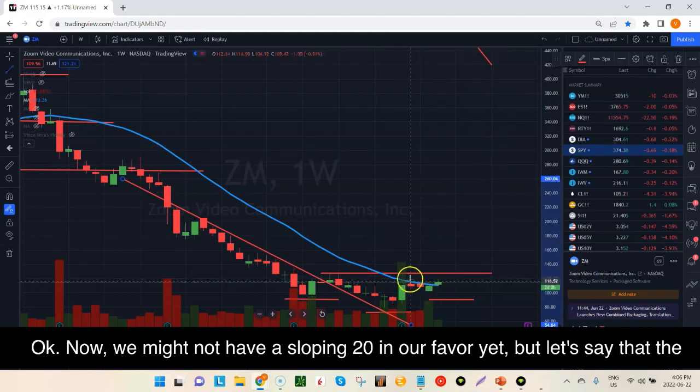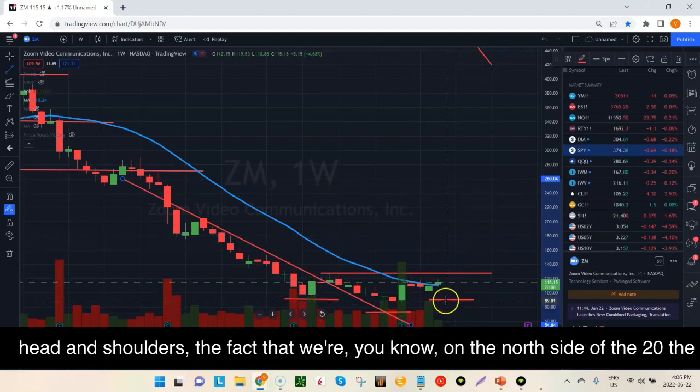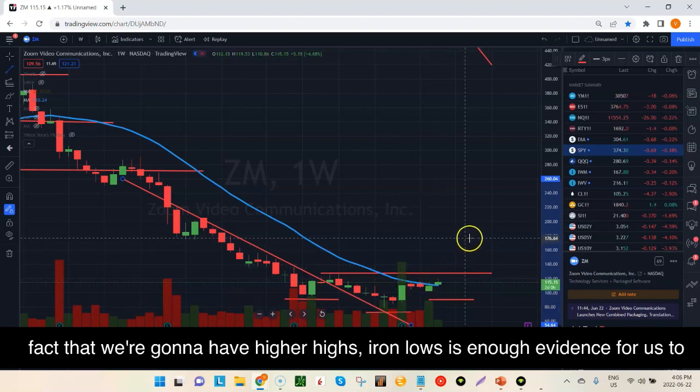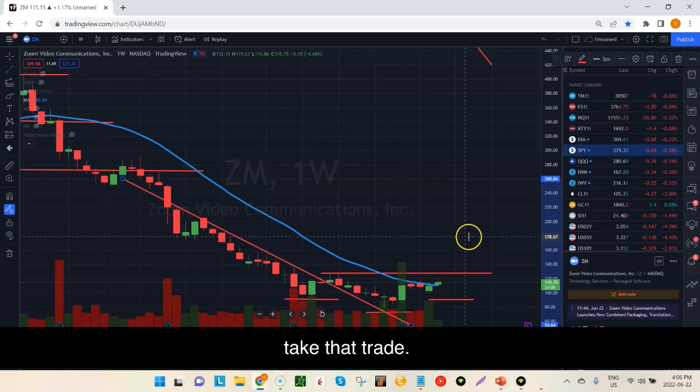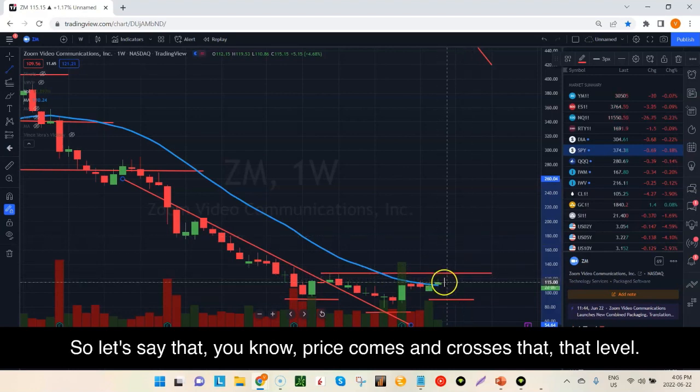Okay. Now, we might not have a sloping 20 in our favor yet, but let's say that the head and shoulders, the fact that we're on the north side of the 20, the fact that we're going to have higher highs, higher lows is enough evidence for us to take that trade. So let's say that price comes and crosses that level.